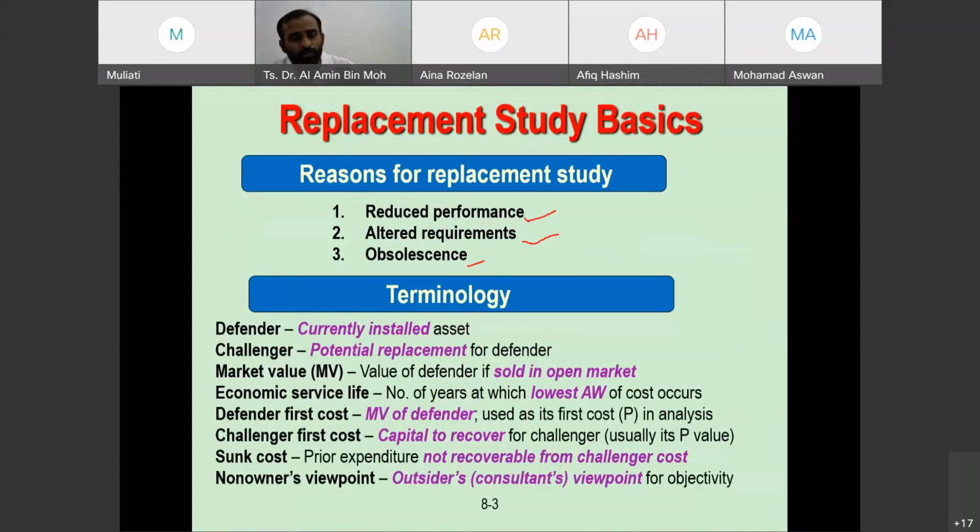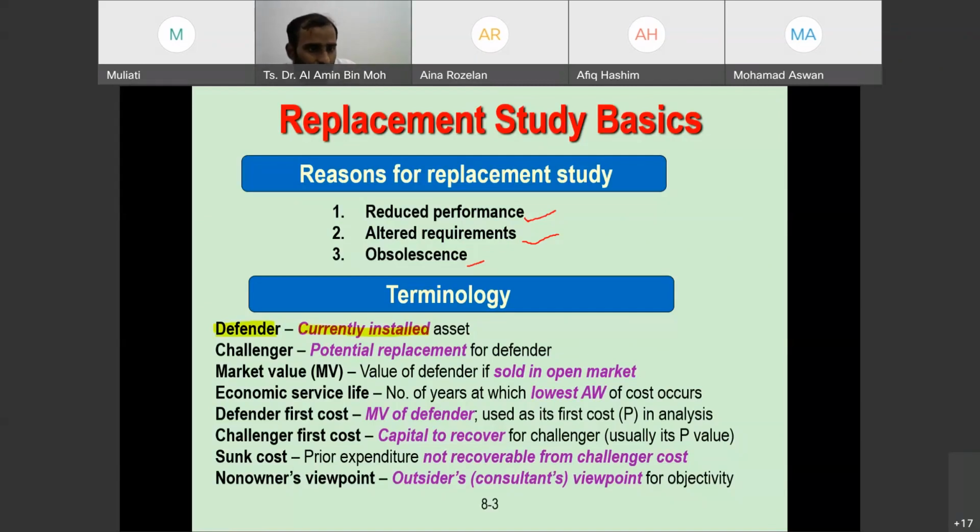Some of the important terminology that we are going to frequently use in this chapter are Defender. We used this yesterday. Basically, it is a currently installed asset, the current machine, current technology, current car, whatever it is, the existing asset.